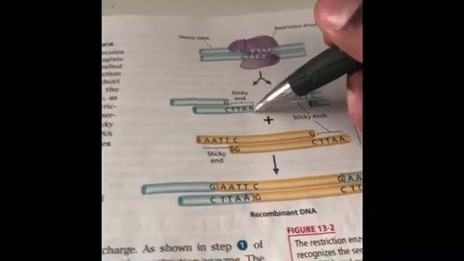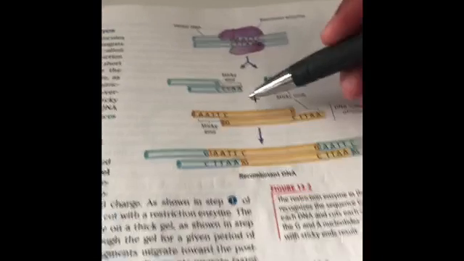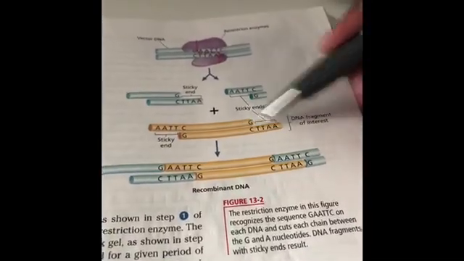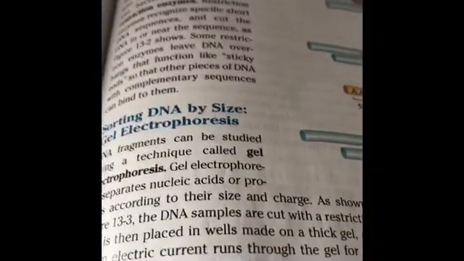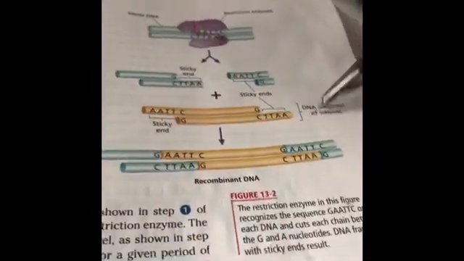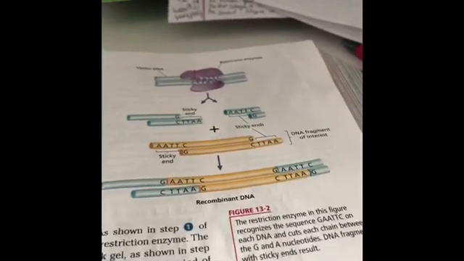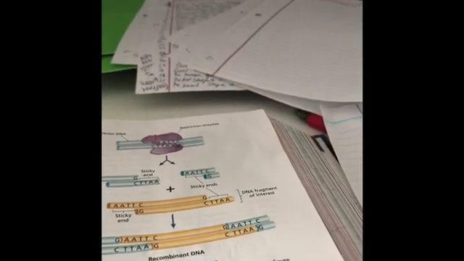So this is the sticky end. Those sticky ends would bind with this. This is a DNA fragment of interest. So what is a DNA fragment of interest? I'm not exactly sure about that, but it's probably DNA from a separate place.